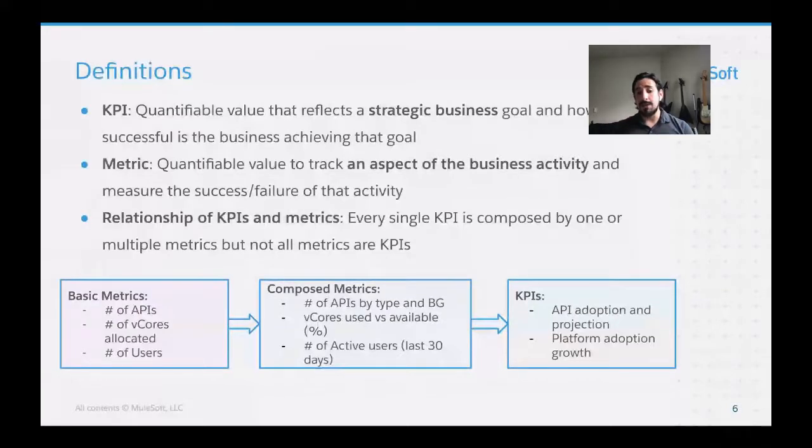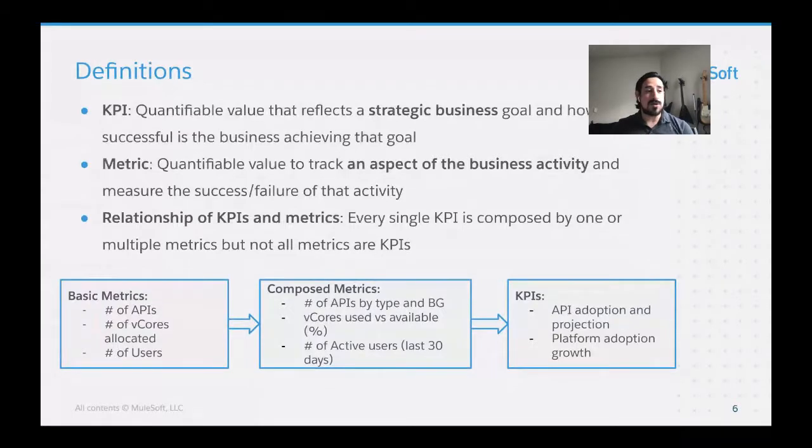So once you have composed metrics like the number of APIs grouped by type, by business groups, by environments, and so on, you can start collecting and generating these values. And if you draw these values in a timeline chart, you will see a behavior there. And with this graphical behavior, you can generate KPIs. And these KPIs are different in every single organization.